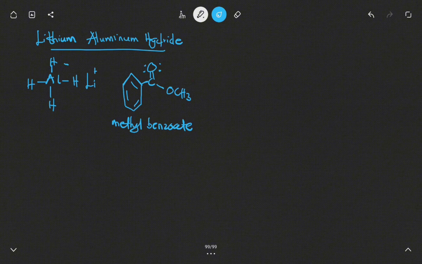What is going to happen is we have the reducing agent aluminium with the 4 hydrogens attached. All right, so we are going to have an arrow from here to the carbon, and what is going to happen is we are going to form the intermediate, the benzene ring.